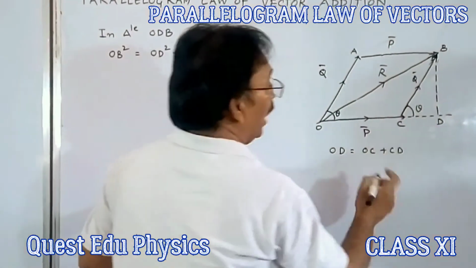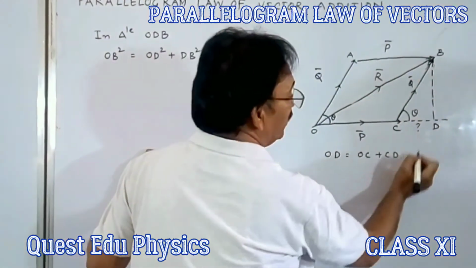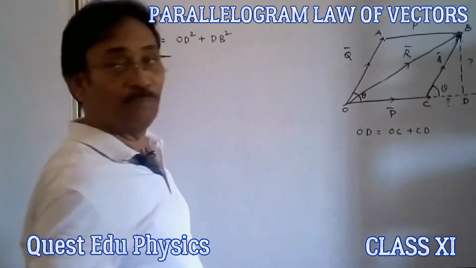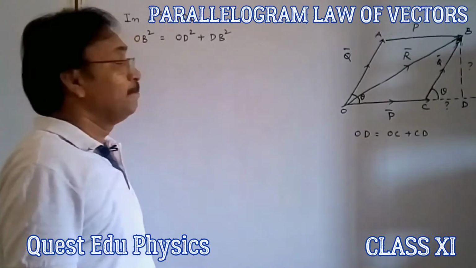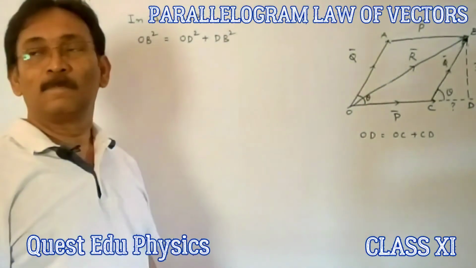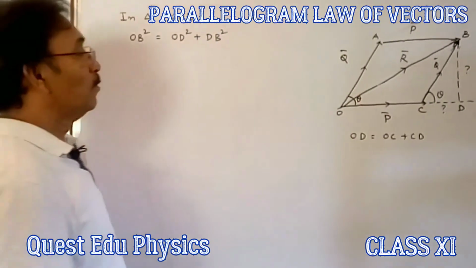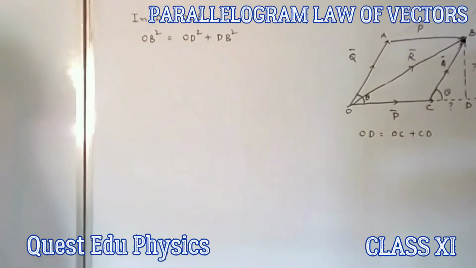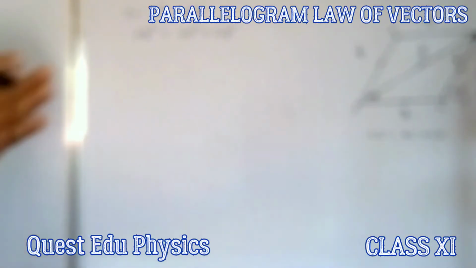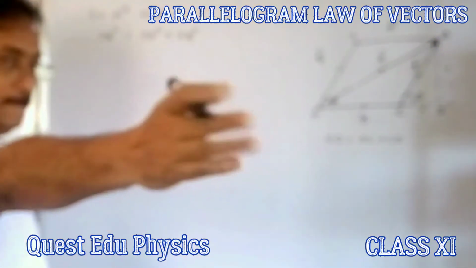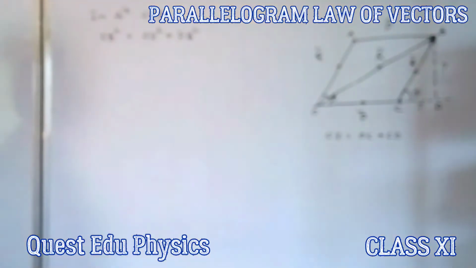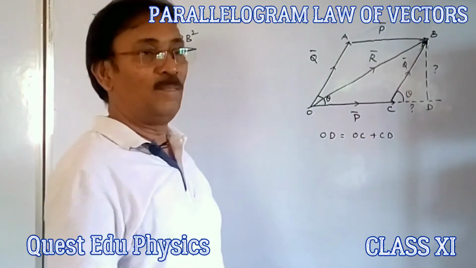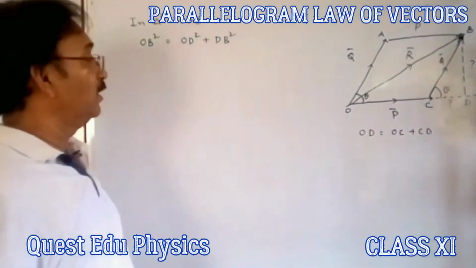And we don't know the value of the CD as well as the BD, and we have to find it indirectly.